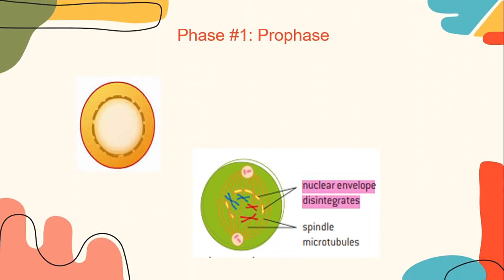Now, we will move to phase number 1 of mitosis, which is known as prophase. I want you to know what are the events or the modifications that happen inside the cell during the prophase.